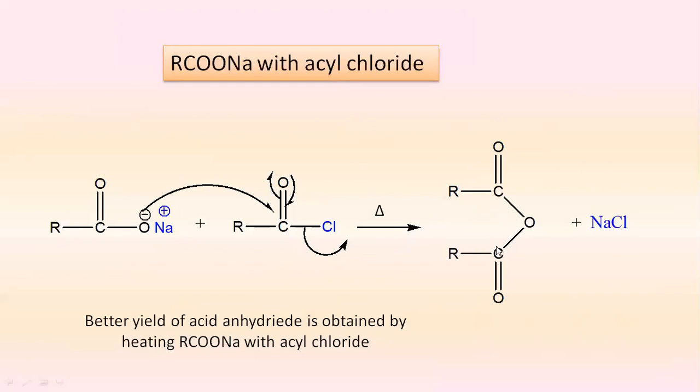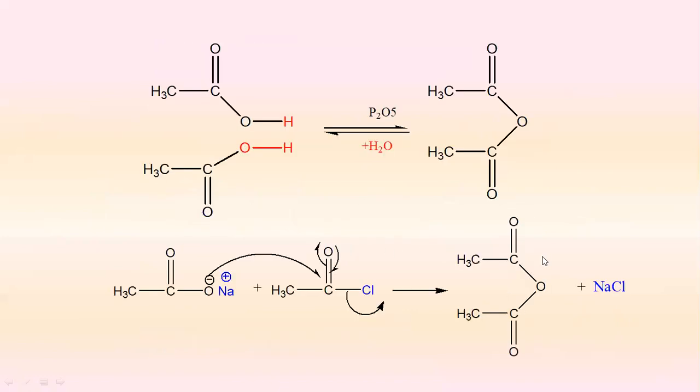A better yield of acid anhydride is obtained by heating the acyl chloride with the sodium salt of the carboxylic acid. This is the reaction. Overall, carboxylic acids on heating with P2O5 form anhydride. One more method to prepare anhydride is by using the sodium salt of a carboxylic acid with acetyl chloride.